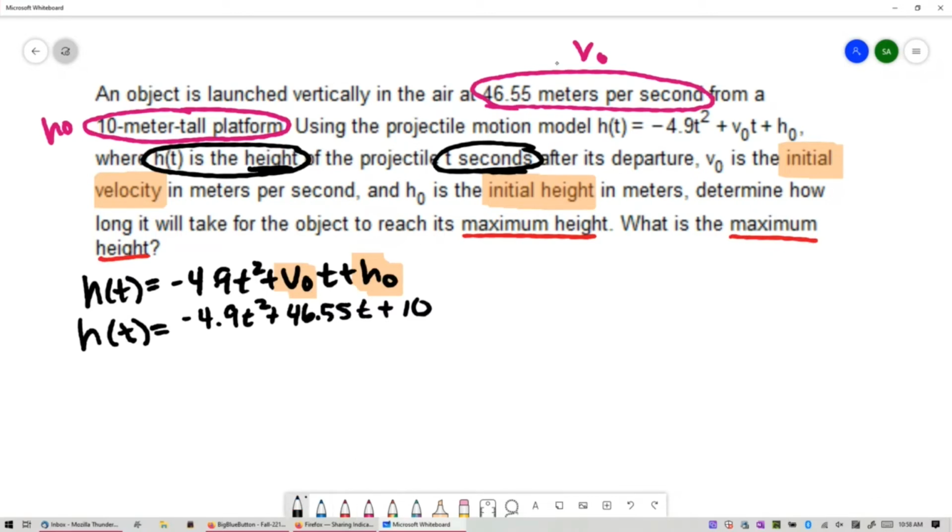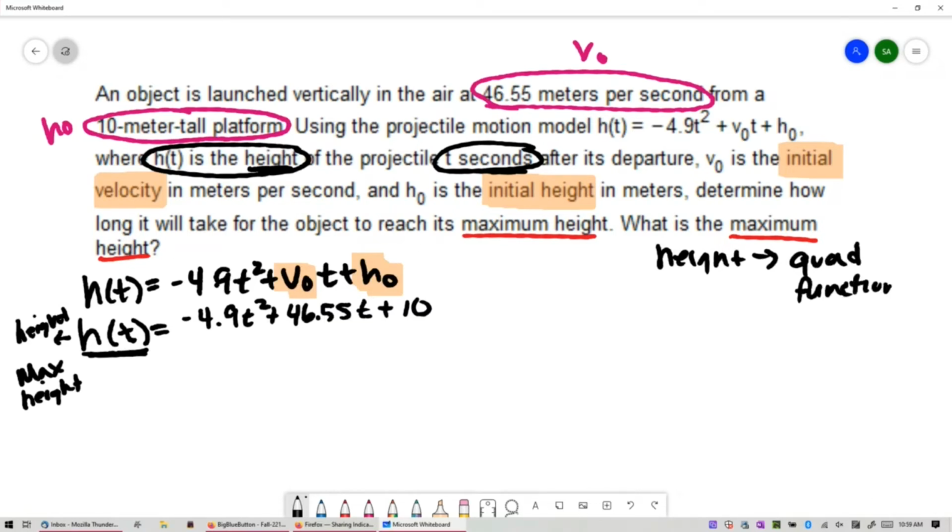So this function, remember, is height. So if we're looking for the max height, we want to look for the highest this function can be. This function is a quadratic function. And so we can think about the graph of a quadratic function.